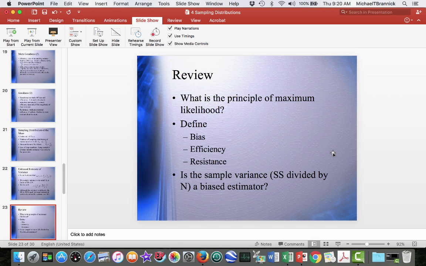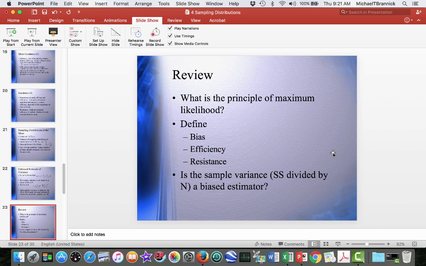Doesn't matter how far off it is, either it's biased or it's not. Efficiency is a property of an estimator that has to do with the sampling variance. So things are relatively efficient when they have smaller sampling variances. We like small sampling variances because that means that the estimates are all close to the middle. They're all close to, hopefully close to the parameter.